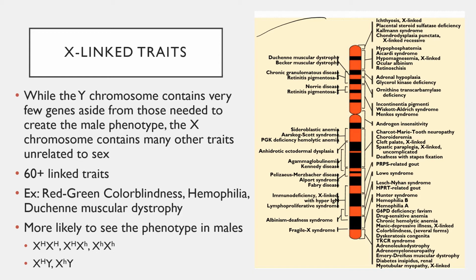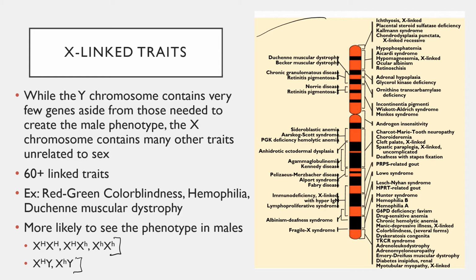Now, the way we write these particular traits is similar to how we did with the incomplete and codominant traits. We'll have the X chromosome and then a superscript describing the gene itself. You'll have capital letters for dominant, lowercase letters for recessive. So in these cases, females can inherit 3 different possibilities. They can be homozygous dominant, heterozygous, or homozygous recessive, because females inherit 2 X chromosomes.